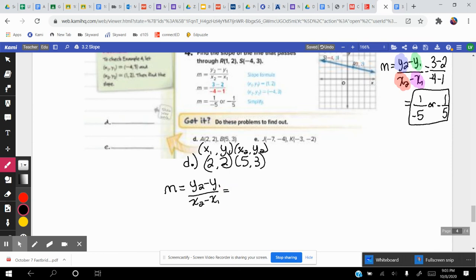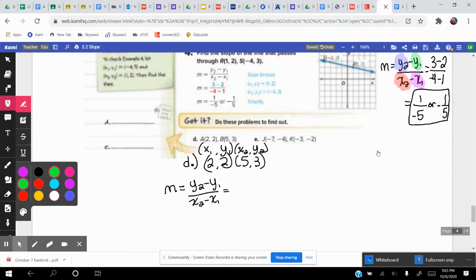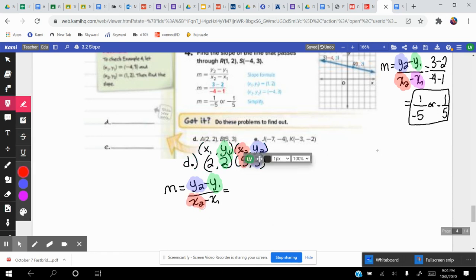So y2 is 3. My y1 value is 2. My x2 value is 5. And my x1 value is 2.